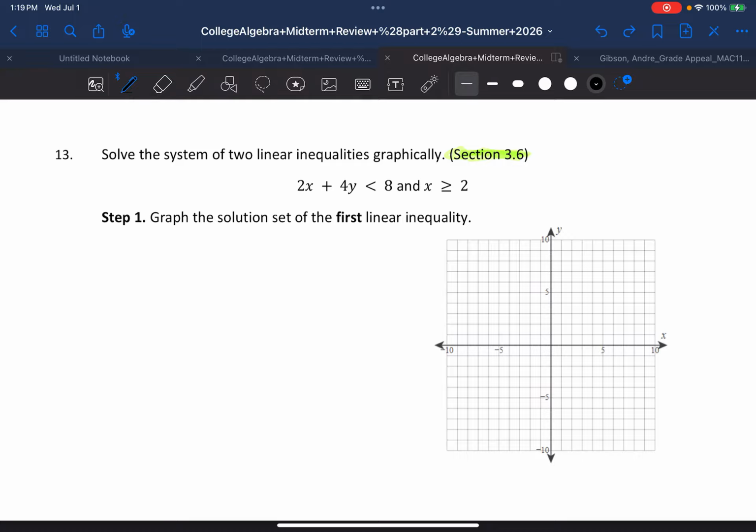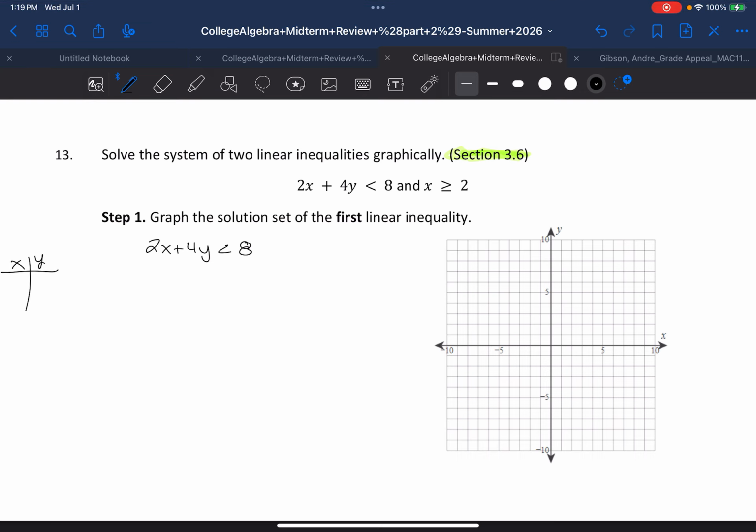So the first step, they're going to ask us to graph the solution set of the first linear inequality. So this one, 2x plus 4y is less than 8. And to graph this, you can either get it into slope-intercept form by solving for y, or you can do an xy table.